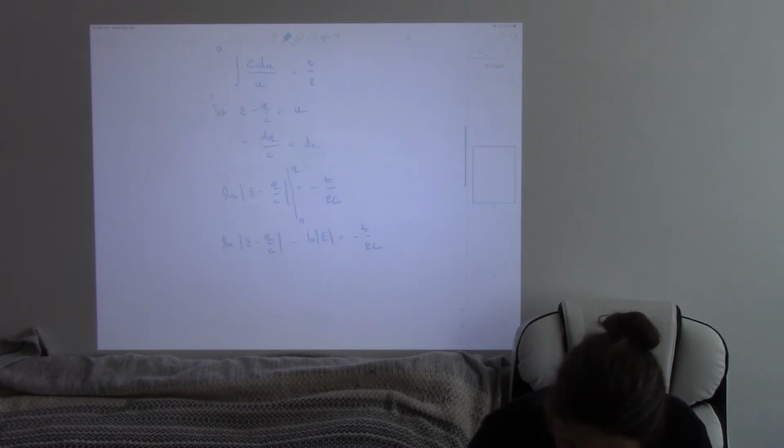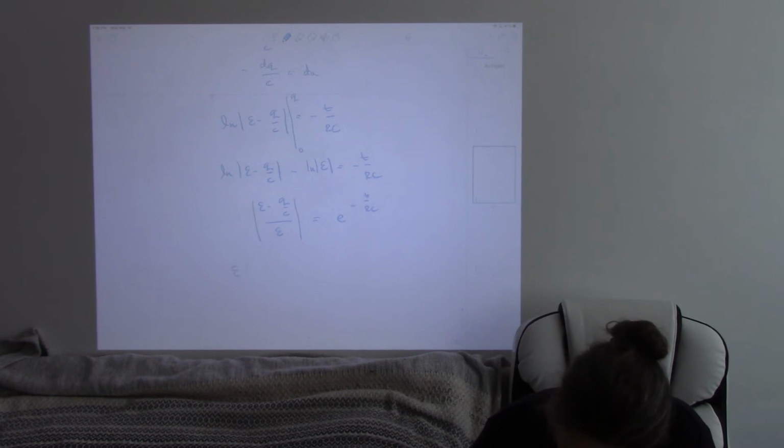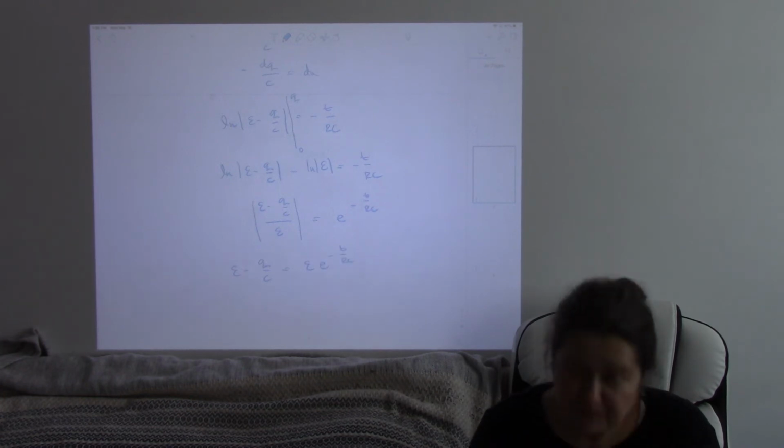And then what we get there is E minus Q over C, everything over E, is equal to e to the negative t over RC, which makes it E minus Q over C equals E times e to negative t over RC.